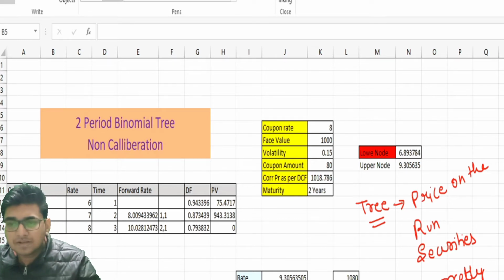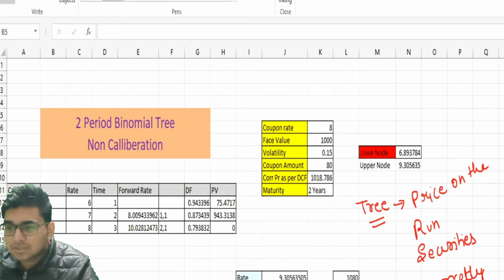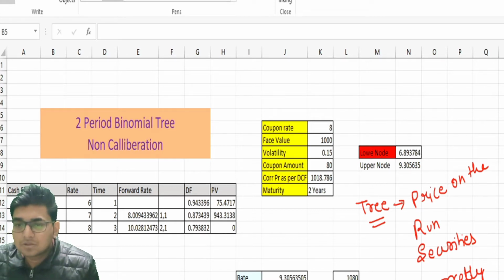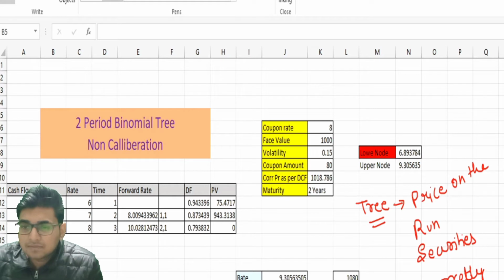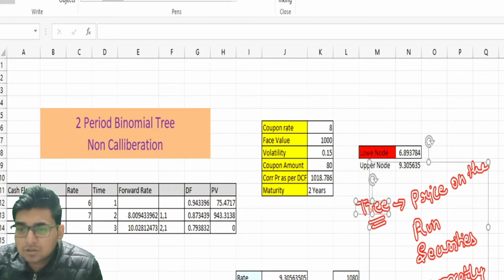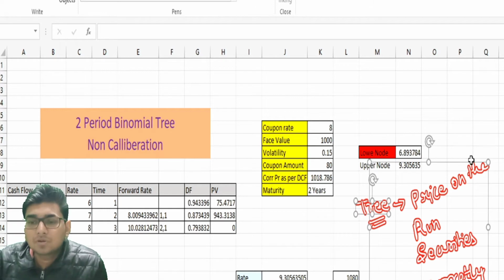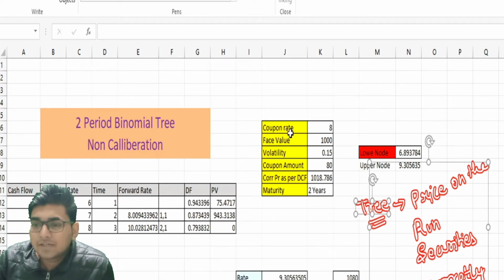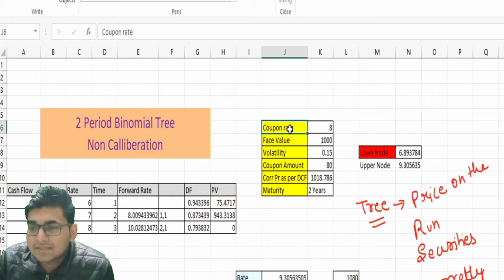Here are some of the values which are already given to us. The values include the coupon rate, the face value of the bond, the volatility, and the maturity of the bond. So I need the full detail about the bond. Apart from that, I need the details about the spot rates.